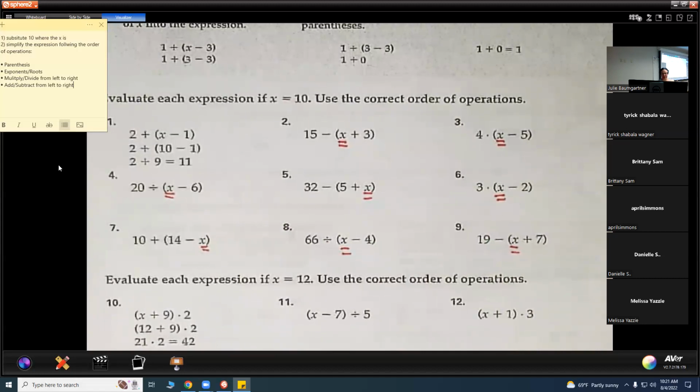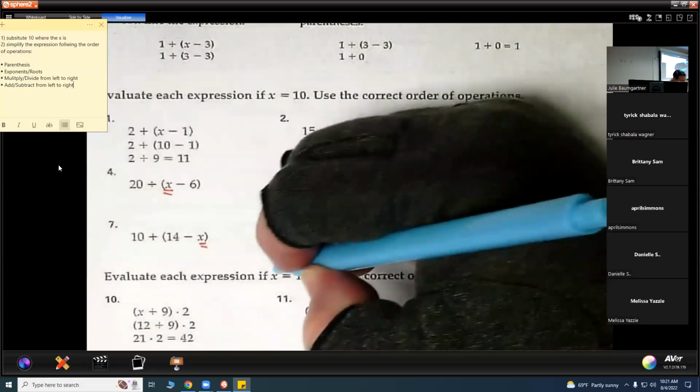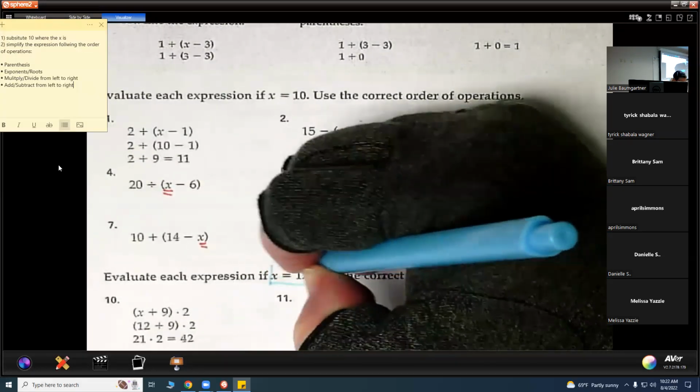Like I said, please let me know in the chat, or you can put your hand up, once you have these 9 at least worked out. Then you can move on to the next chunk. Just remember for 10 through 18, x equals 12.